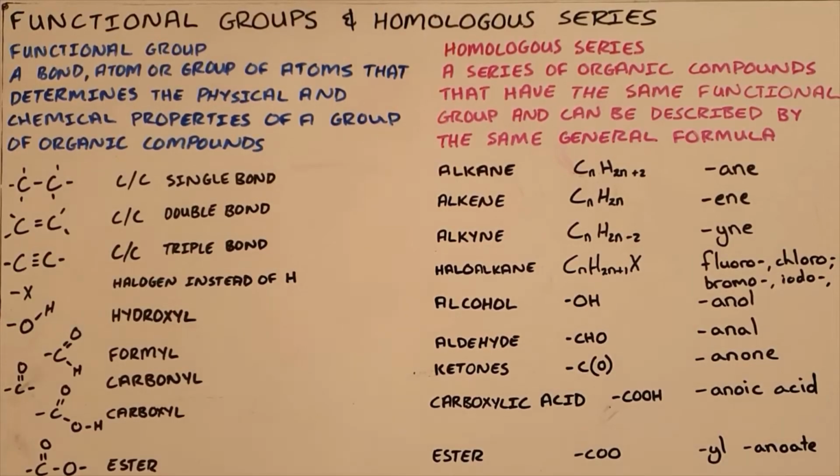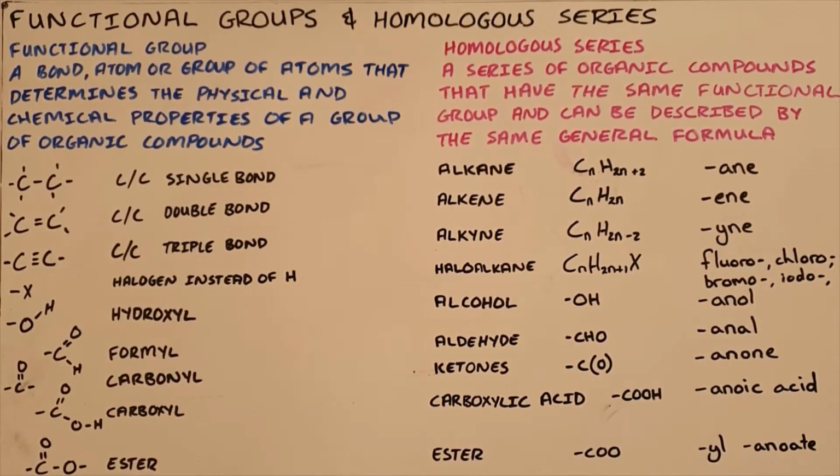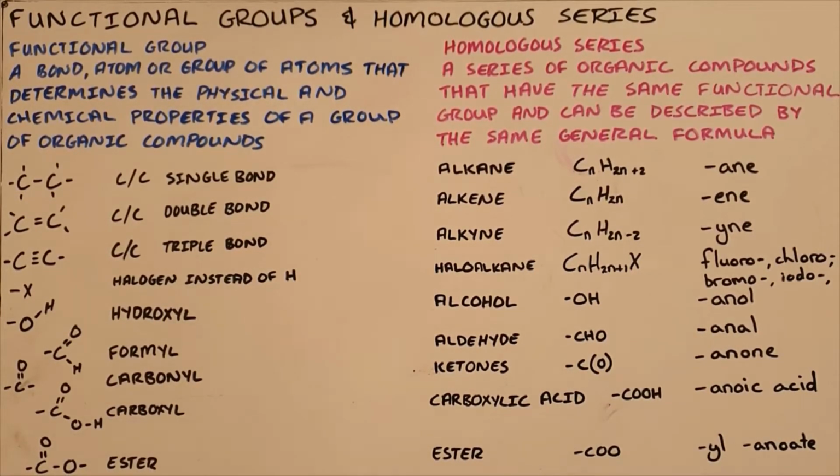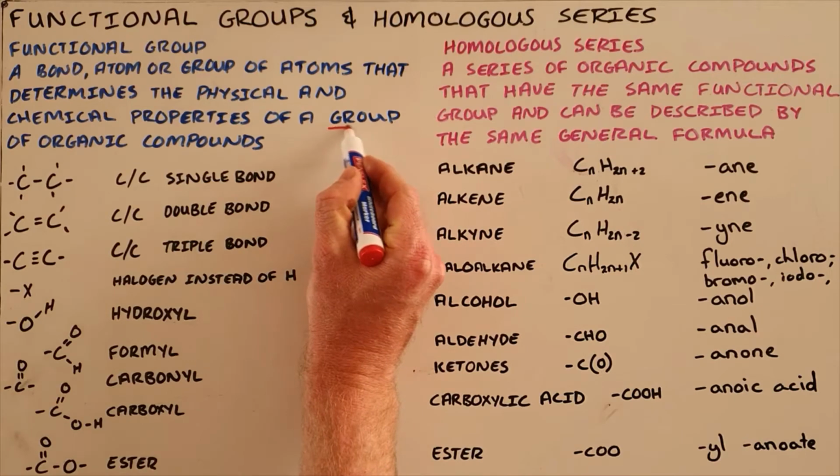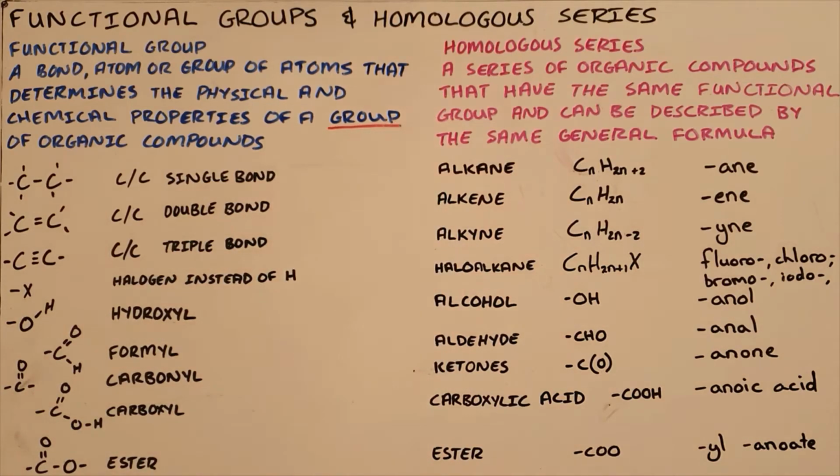It is important to understand the difference between a functional group and a homologous series when looking at organic molecules. A functional group is a bond, atom or group of atoms that determines the physical and chemical properties of a group of organic compounds. That group that is referred to is the homologous series, where a homologous series is a series of organic compounds that have the same functional group and can be described by the same general formula.